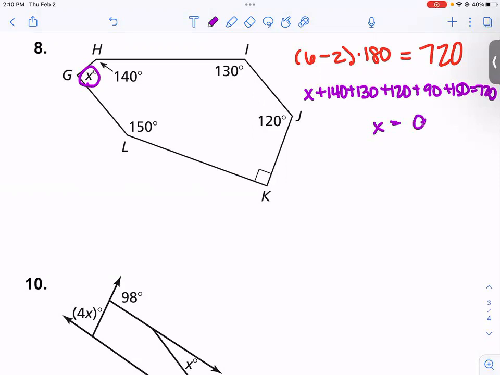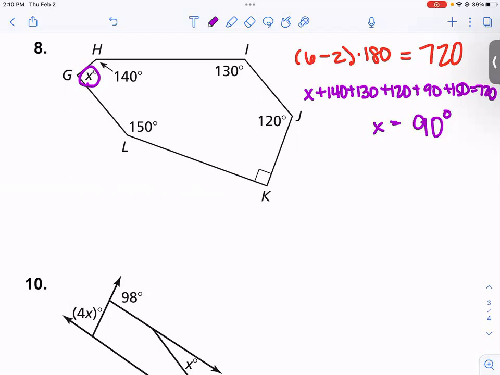A 190 does not make sense, my dear. Since this is a convex polygon, all of our angles will be less than 180. Oh, yeah, that makes sense. Concave is in, convex is not.